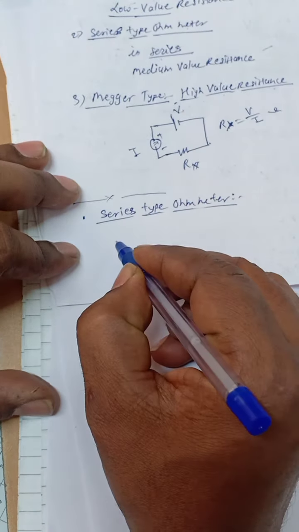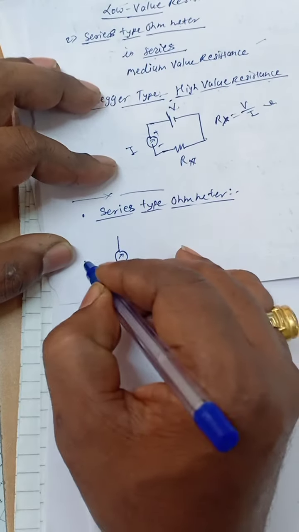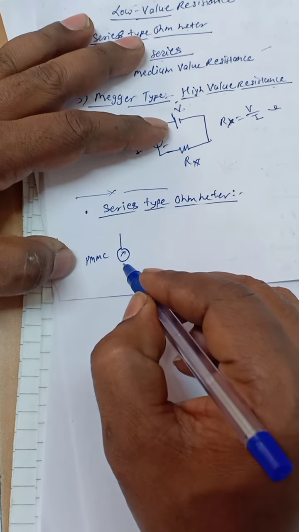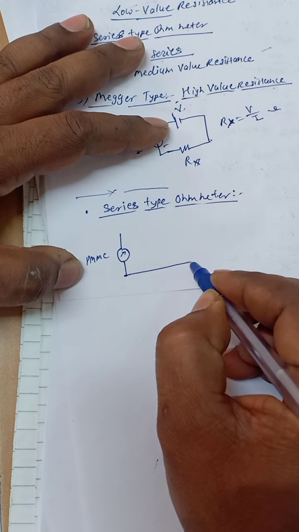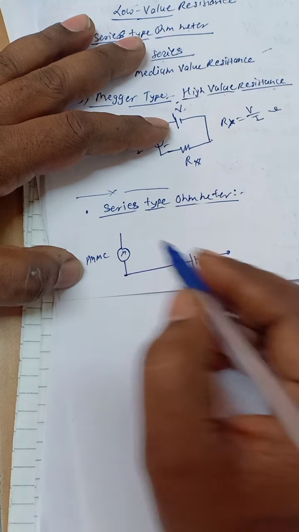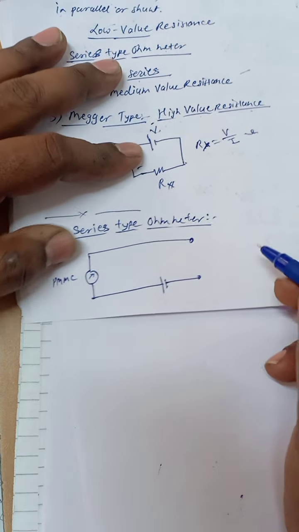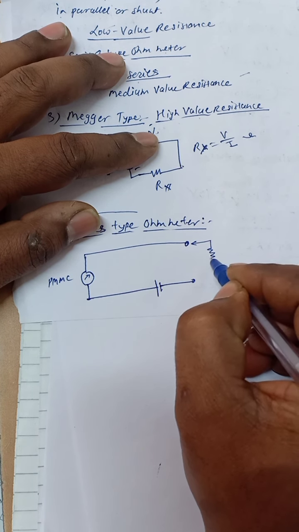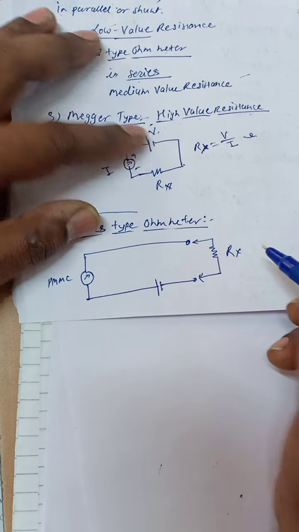So this is a PMMC, permanent magnet moving coil. This is connected in series with a voltage source, and the unknown resistor, say Rx, is connected between these two points.